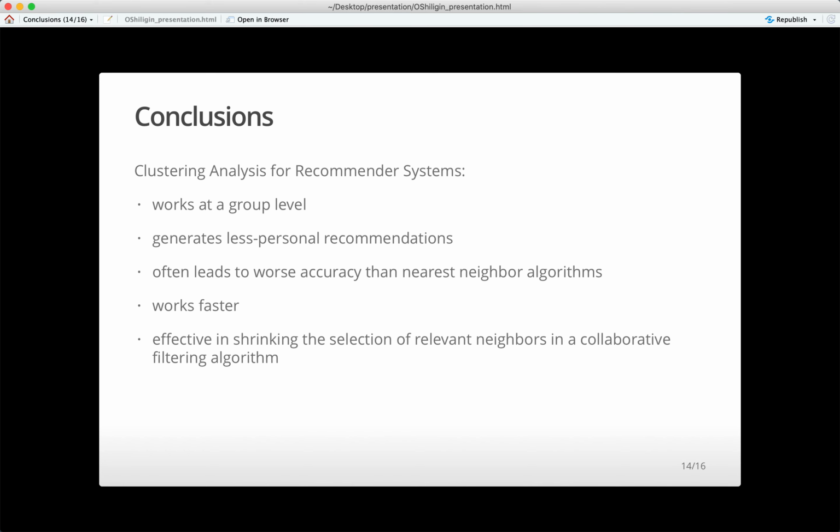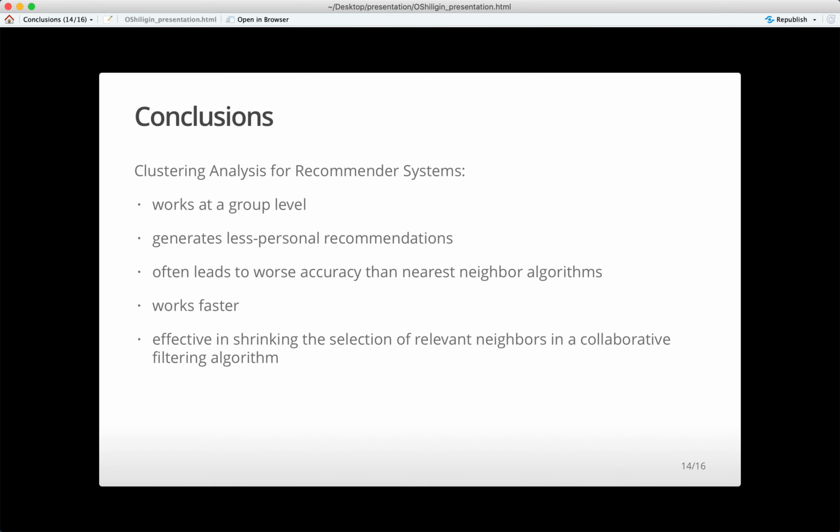the group. So we need to remember that clustering works at a group cluster level, unlike collaborative filtering, which works at the customer level, or association rules, which work at the item level. That means that clustering methods usually produce less personal recommendations than other methods and most often lead to worse accuracy than nearest neighbor algorithms.